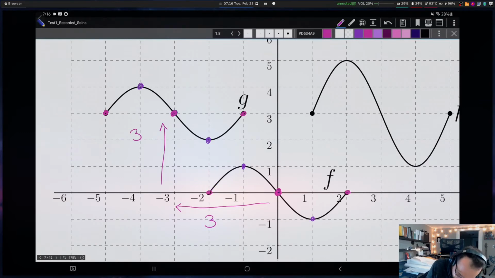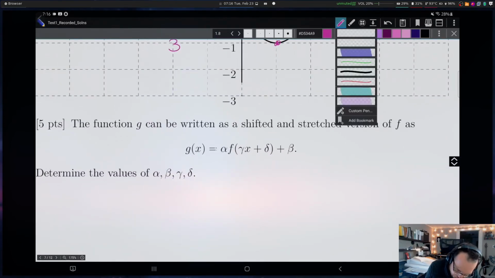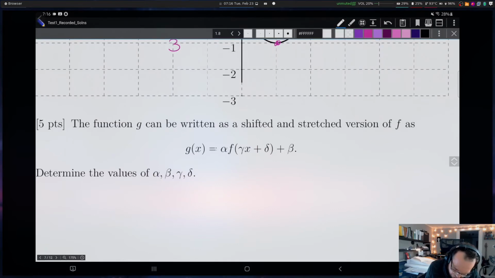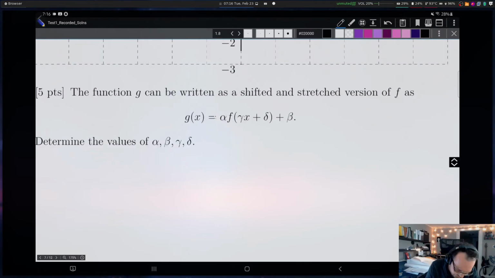So if I shift this point, I end up here, and if I shift this point, I end up here. And so it looks like I don't have to do any vertical scaling either. So I just need a horizontal shift by 3, a vertical shift by 3, and no scaling. Now I just need to interpret which of these parameters do what.